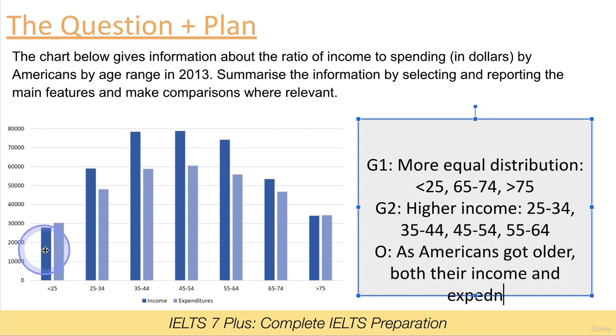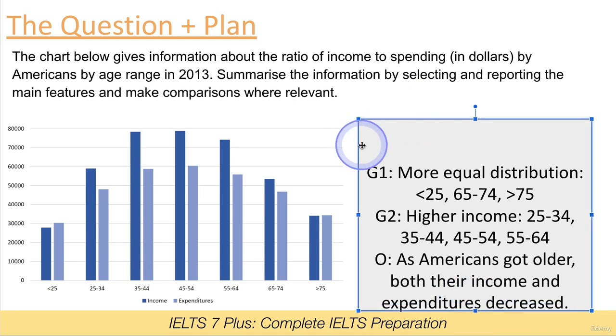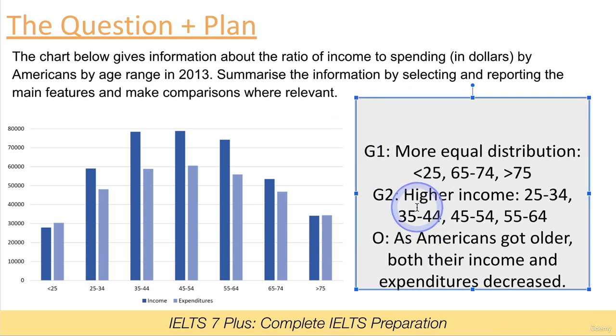Now I know that this is not the same for under 25s, but you're just making a sweeping statement here, so it doesn't all have to fit into this observation. Okay then, I think that's good. So we've got our two groups, and then we've got our higher income for the other four age categories as well.